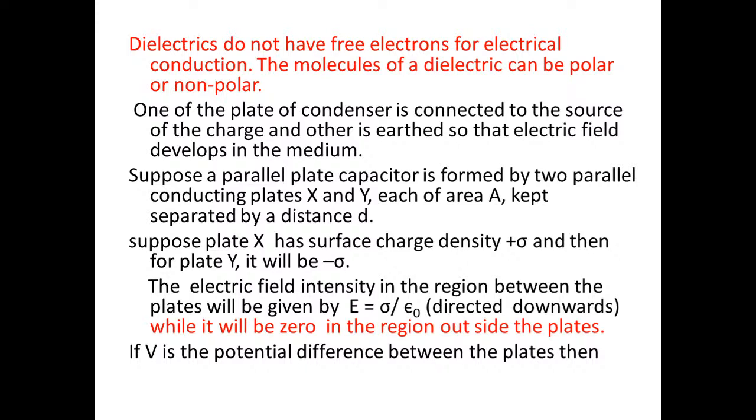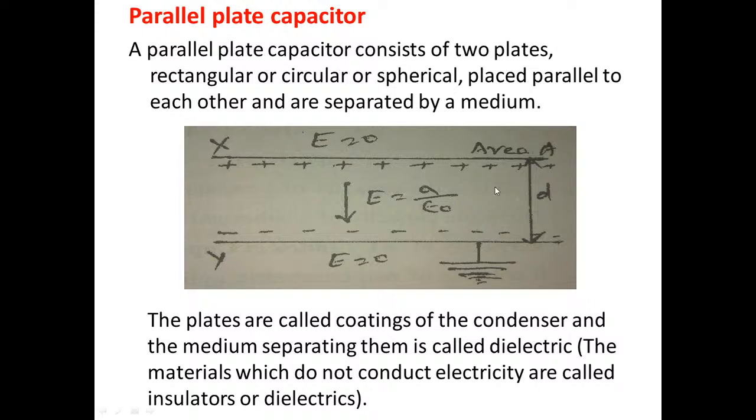One of the plates of the condenser is connected to the source of charge and the other is earthed so that an electric field develops in the medium. So just see this figure. Here X and Y are two surfaces.